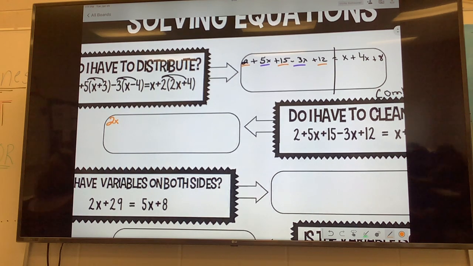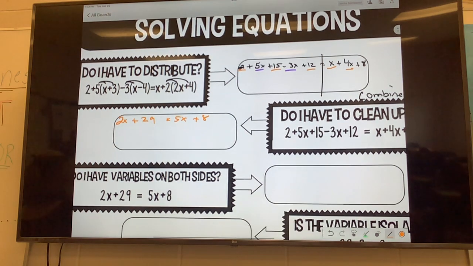And then my 2 plus 15 is 17 plus 12. Looks like it's 29. Equals, on the other side we have an x and a 4x, that's 5x plus 8. So now we have combined our like terms.